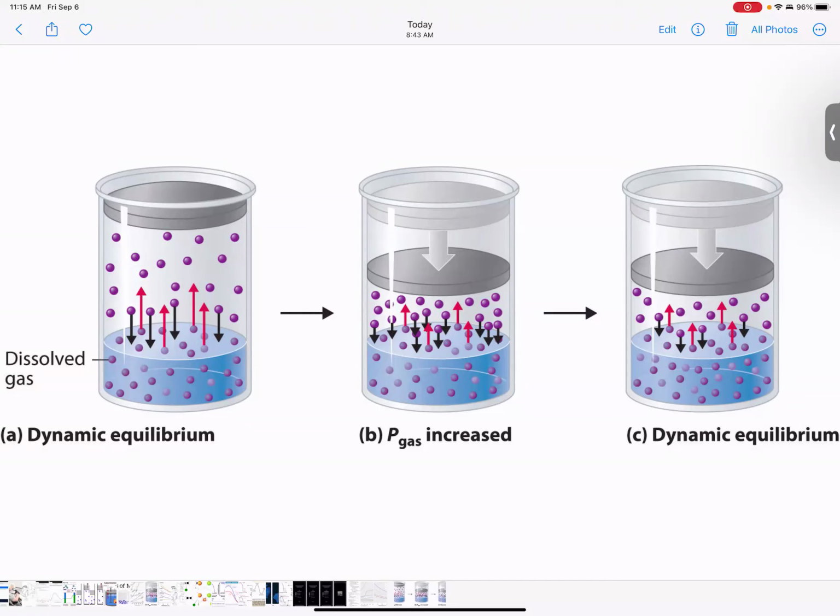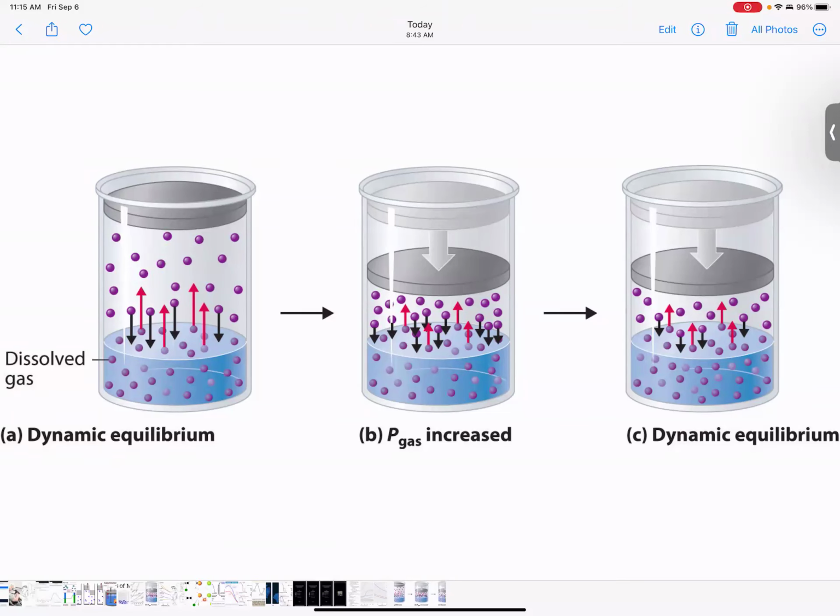as I mentioned, these gas molecules are bouncing around, they're hitting the walls, they're hitting the liquid, and with every collision, they lose some energy. And so some of those go into the liquid level because they're less energetically favorable. But they don't stay there.